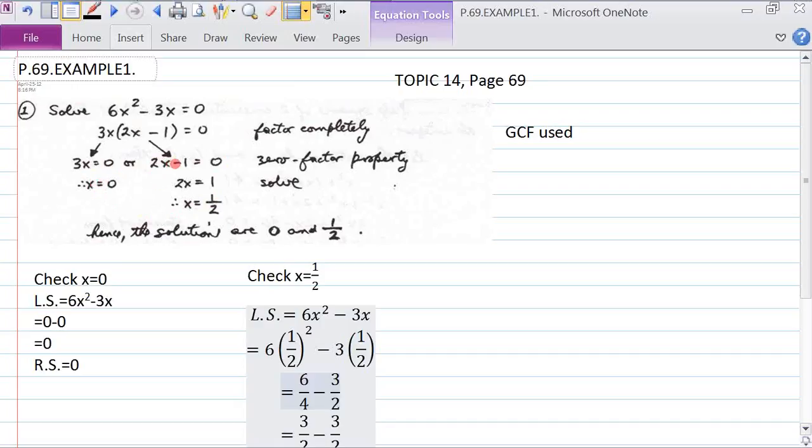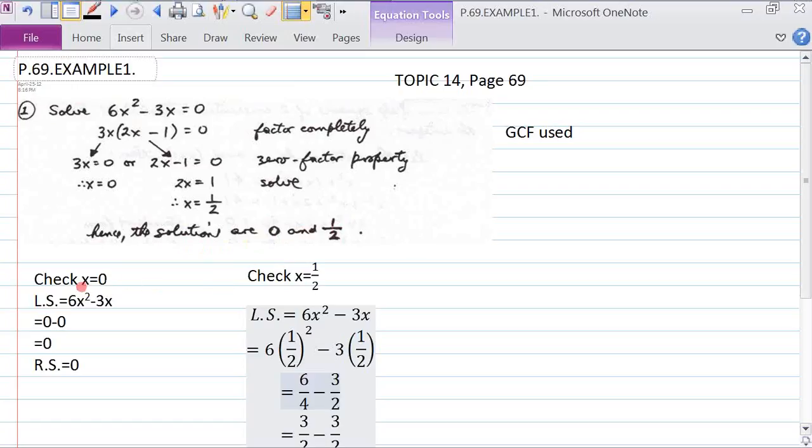If 2x minus 1 equals 0, then we transpose the minus 1 from the left to the right and make it plus 1. Divide 2x by 2 and we get x. Divide 1 by 2, we get 1/2. So the two solutions are x equals 0 and 1/2.